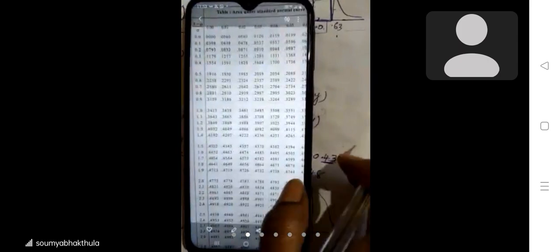So I'm taking this one, 4306. The starting value is 0.43, the second one is 19, so I'm considering this only. What is the value of that? It is 1.4, and the above one is 8, right? So 1.48. Okay, 1.48.